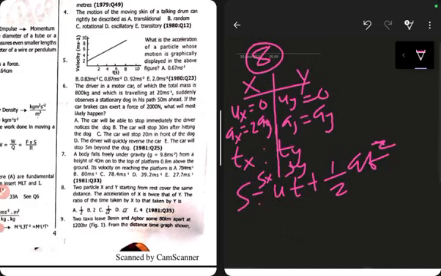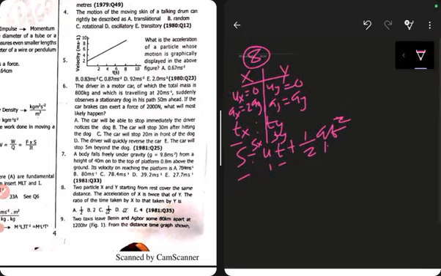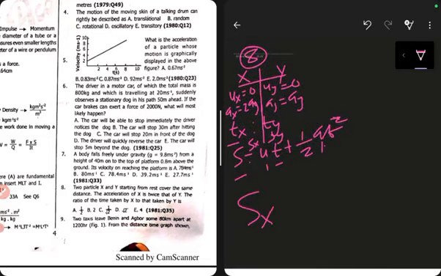So S, t, u, and a, correct. That's the right equation to use. Now let's get the distance traveled by X. u for X is 0, in fact for both of them it is 0.